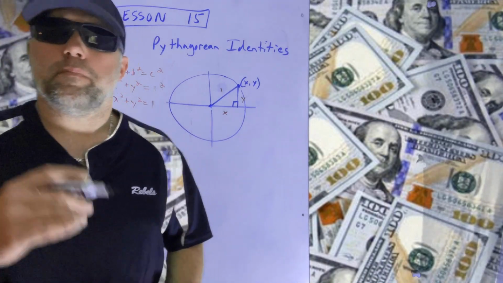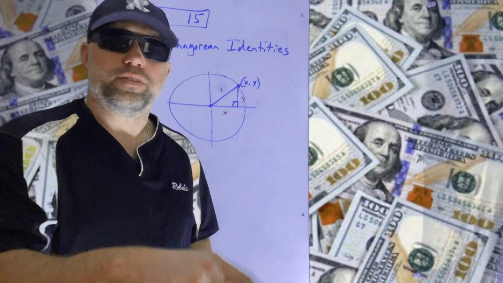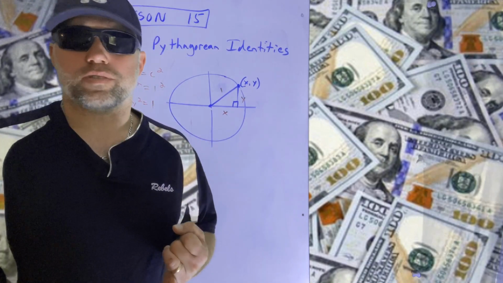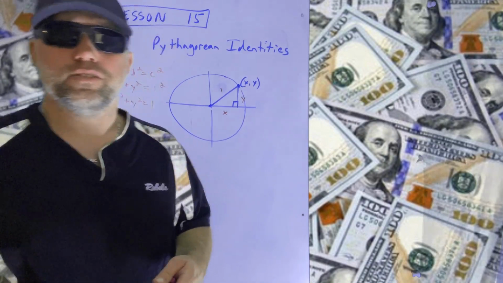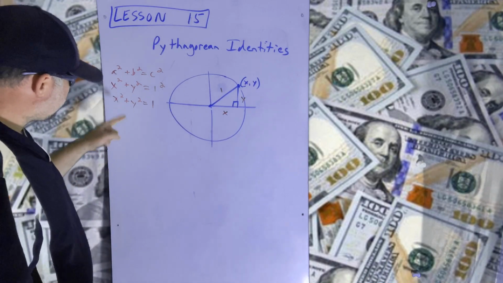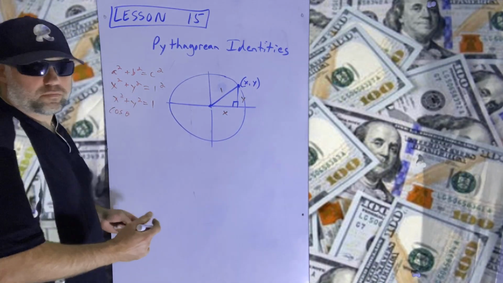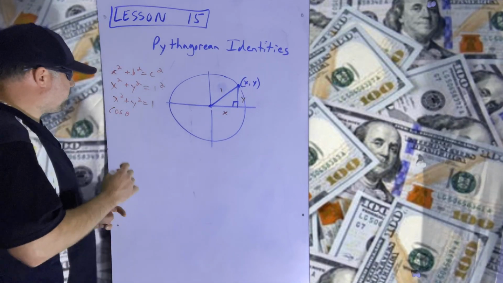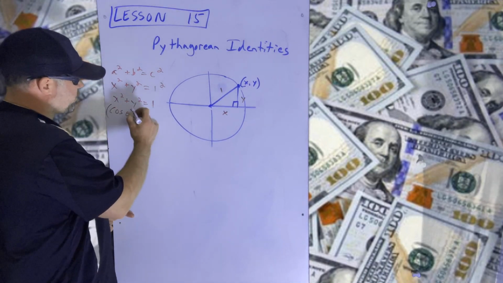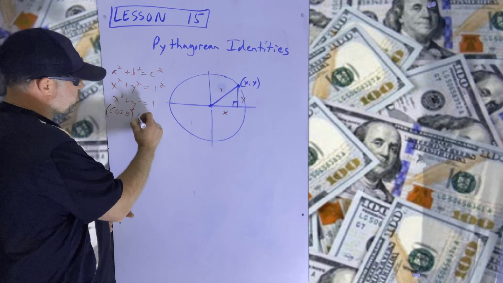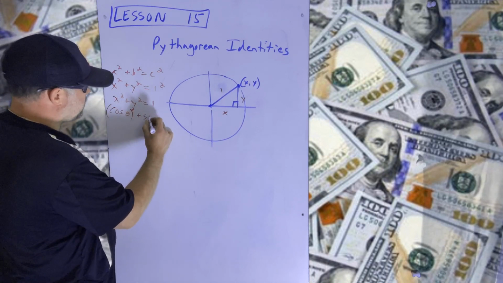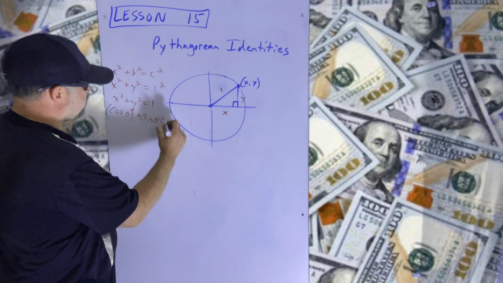But remember, when you're on the unit circle, x is cosine and y is sine. So I can replace this x with a cosine, and I'm going to use theta, because theta is the common letter that's used in trig. Cosine squared theta plus sine squared theta equals 1.